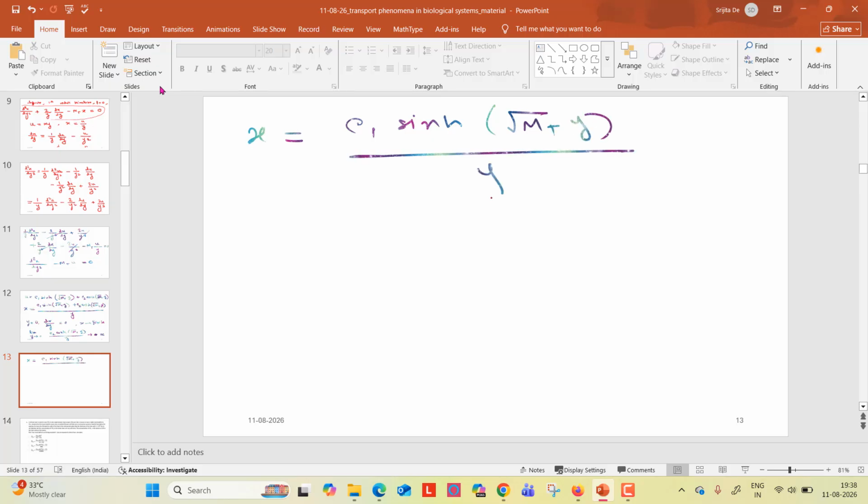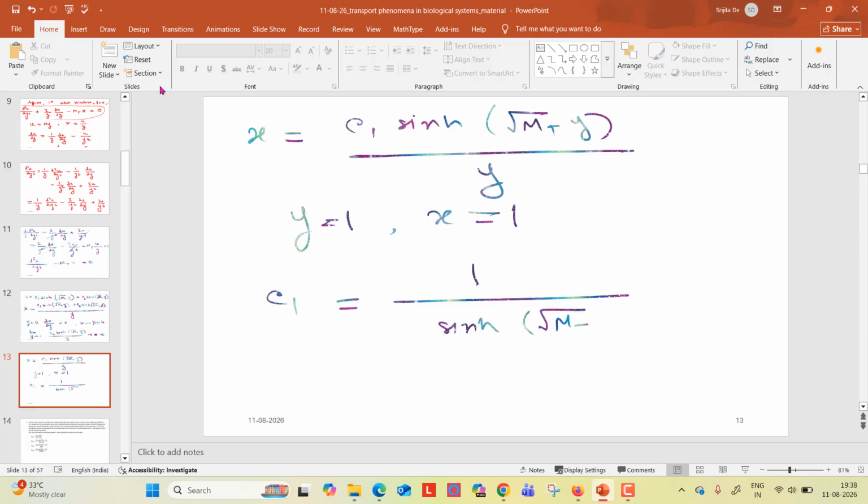Now we'll put the second boundary condition. What was that? At y equals to 1, x equals to 1. So what will be the c1? c1 will be 1 by sine hyperbolic root mt because y is 1, right?